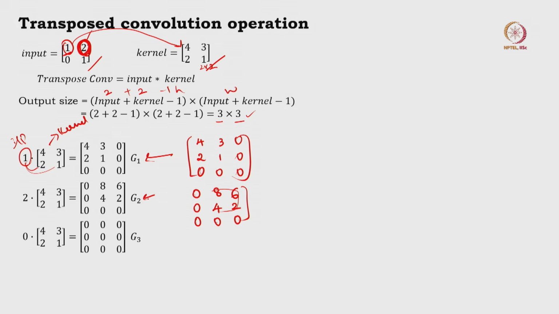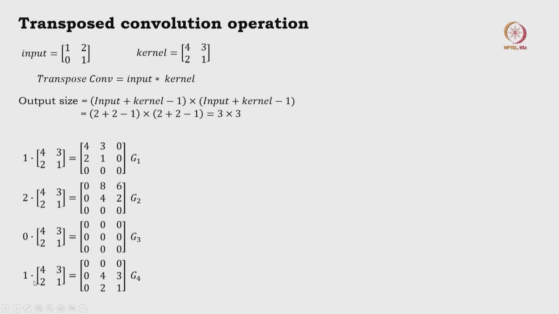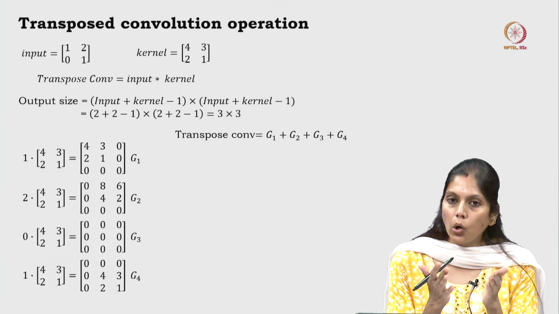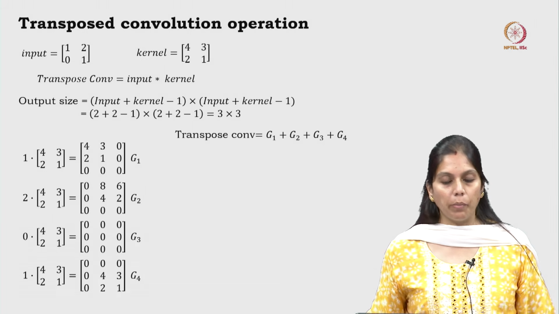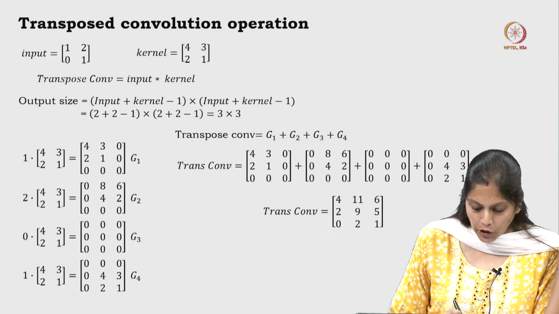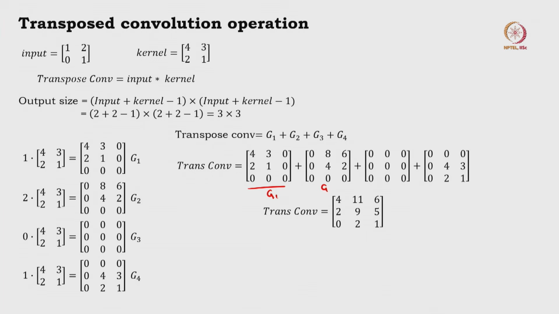Similarly, you do it for the third input multiplied with the kernel and the fourth input multiplied with the kernel. Towards the end of the transpose convolution, you have 4 different matrices. Combine all of those. How do you do that? You just perform an addition. This is G1, this is G2, this is G3 and G4.